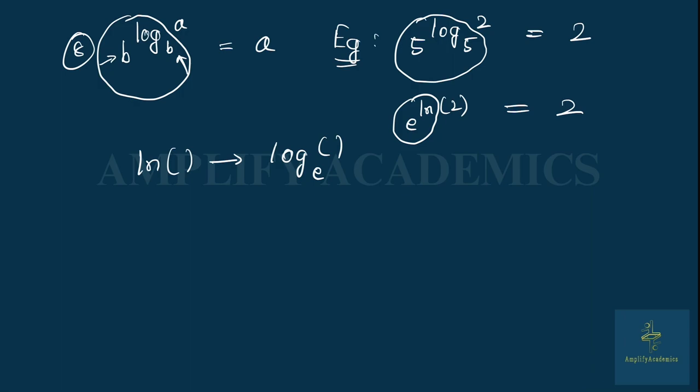Now the 9th property. Let's say when you have multiple log terms, log base b argument a plus log base b argument c.